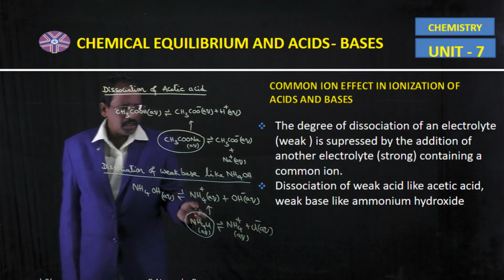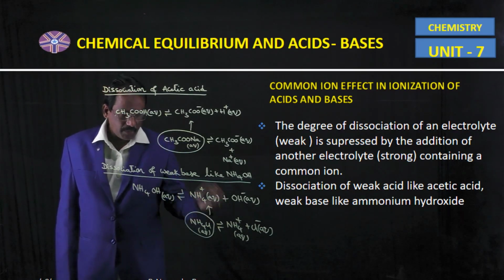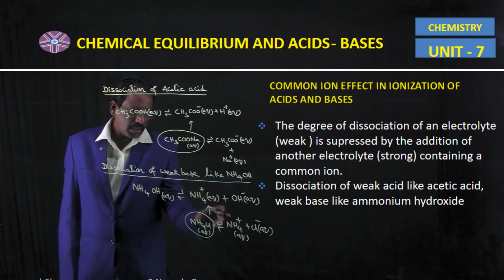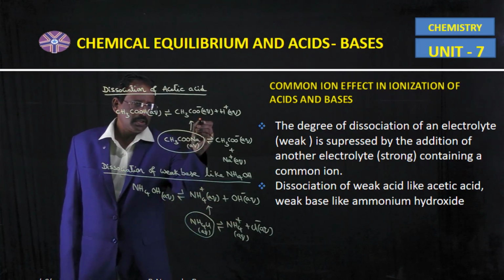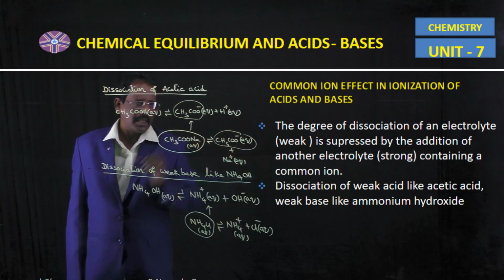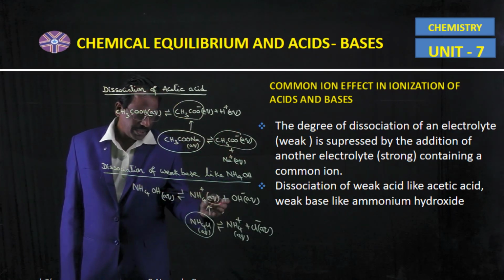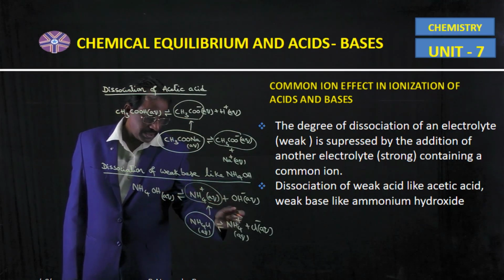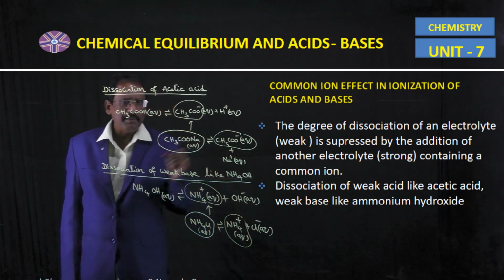So this strong electrolyte contains the ammonium ion. Now these two are common ions. In the first case, acetate ion and acetate ion are common ions. Here NH4 plus and NH4 plus are common ions.